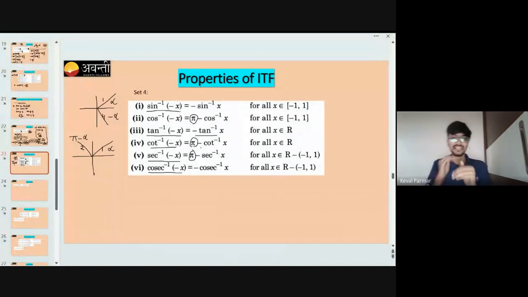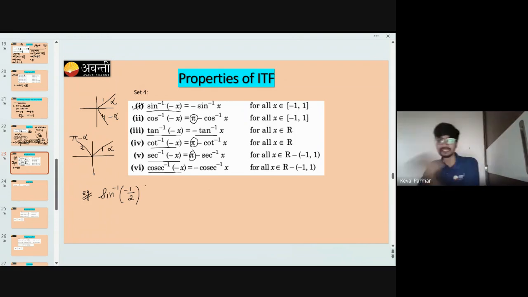So let's move on to next. How to use this property is very simple. Let's take an example. Suppose someone asks me the value of sine inverse of minus half. Using the first property, I can write it as minus sine inverse of half.